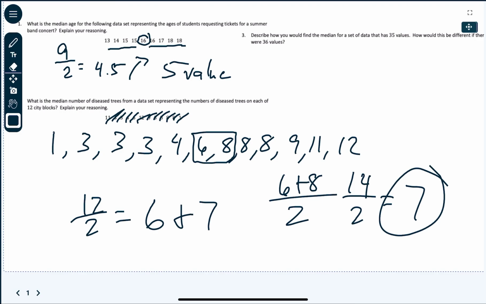Number 3. Describe how you would find the median for a set of data that has 35 values. How would this be different if there were 36 values? Just like we did. If there's 35 values, how would we find the median? We would order the data from least to greatest.